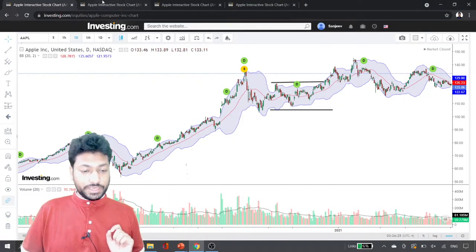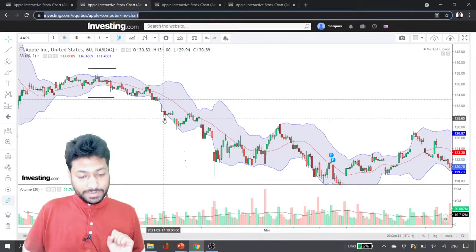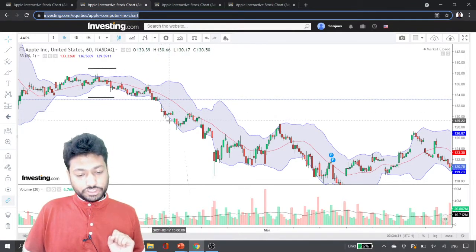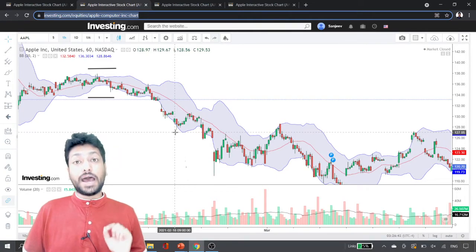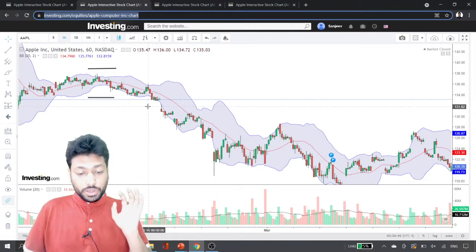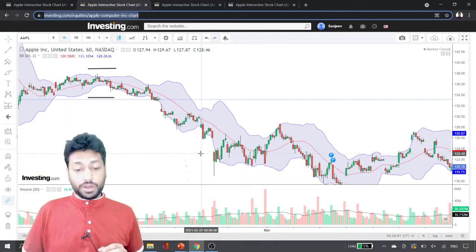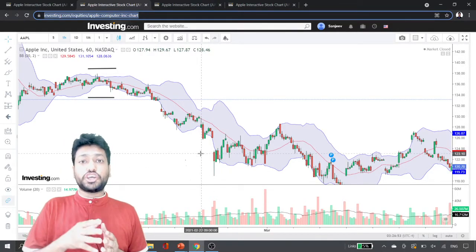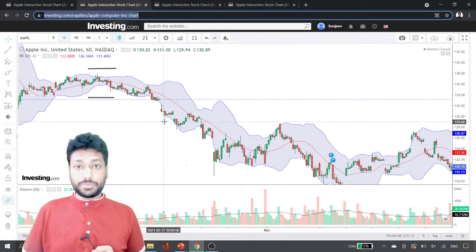If you can see here, this particular area was a very narrow area, but after that these candles are outside the Bollinger Band, this candle is outside the Bollinger Band, the low of this particular candle is outside the Bollinger Band, and these candles are also outside. So there is an indicator that the price is going towards the downside because there is excessive pressure on the bearish side, because the candles are outside these Bollinger Bands.